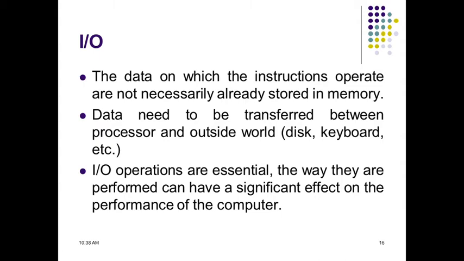We assumed that the data on which these instructions operate are already stored in the memory. We now examine the means by which the data are transferred between the memory of a computer and the outside world. So basically, IO performs input and output operations.